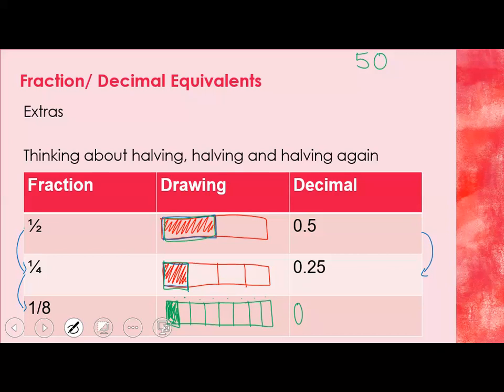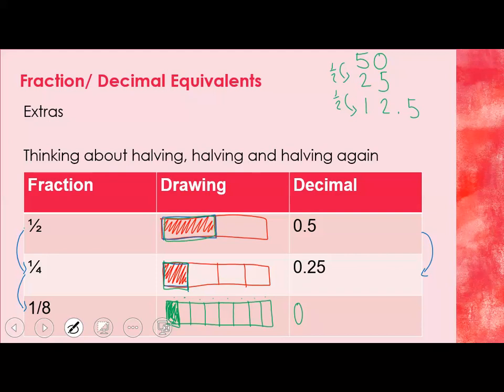Half of that is 25. So what's half of 25? It's 12 and a half, 12.5. So what I've done here is I've taken these decimals, and instead of doing the calculations with tricky decimals, I've done them with whole numbers instead.